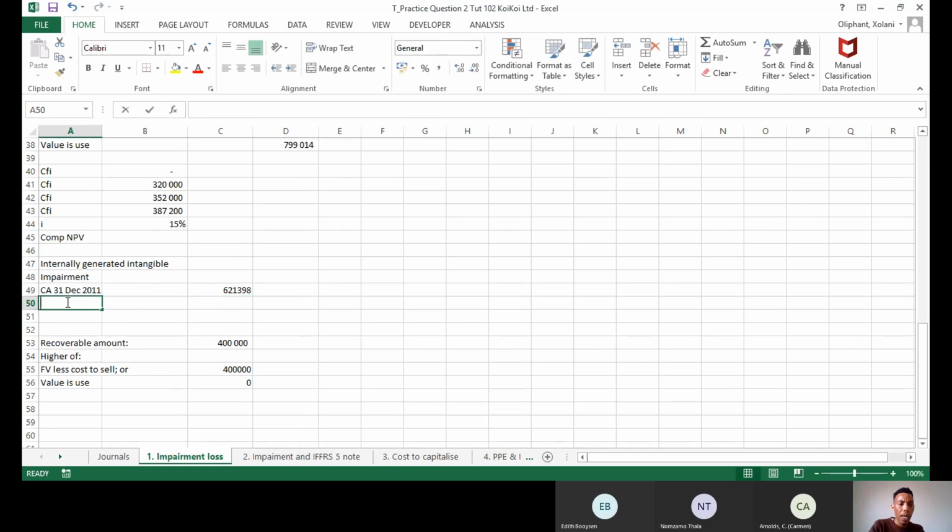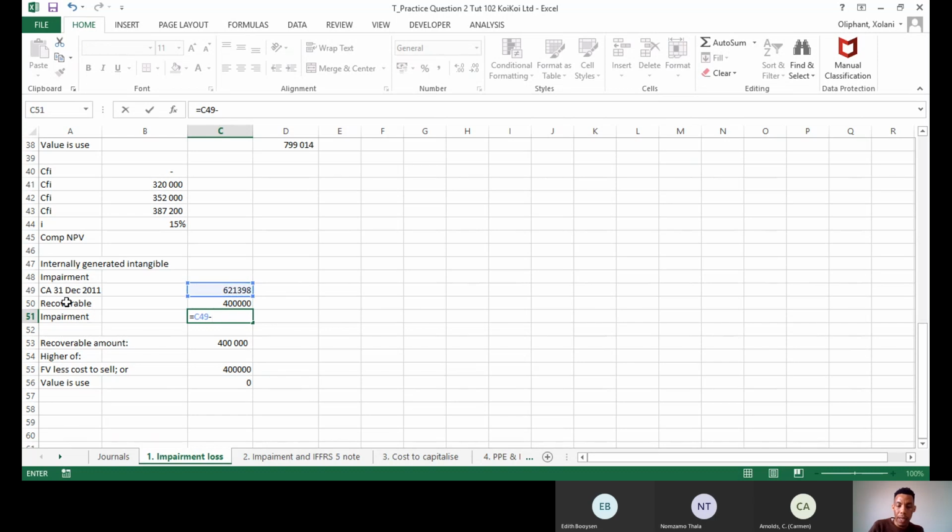And then our recoverable amount is the 400,000 that we have. So we need to write this asset down from the carrying amount to what is available in the market, to the recoverable amount.